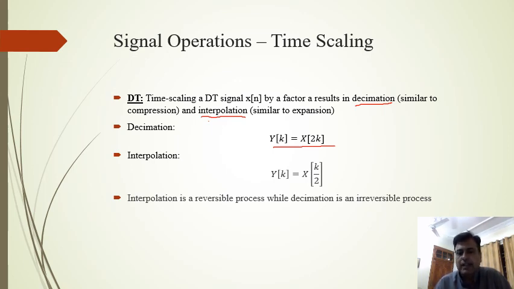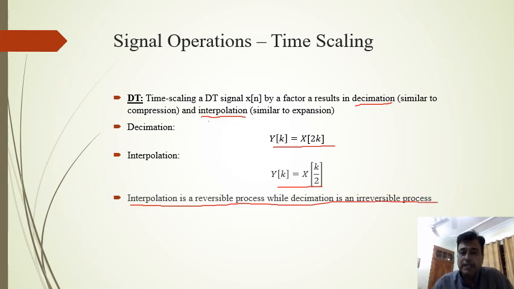And if we select a as 1 half, then this signal y of k, which is x of k by 2, will be called an interpolated signal of the original signal. So interpolation is a reversible process, but decimation is an irreversible process.